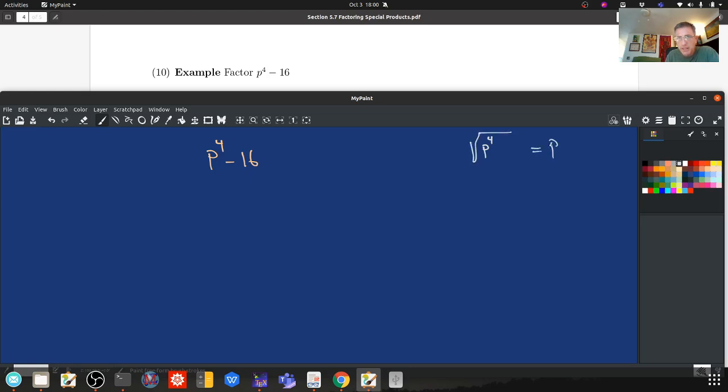Well, that's p to the 4 divided by 2, which is p squared. What's the square root of 16? Well, that's equal to 4. So the radical sign has completely disappeared. So this is equal to p squared minus 4 times p squared plus 4. So those are some great uses of difference of squares.